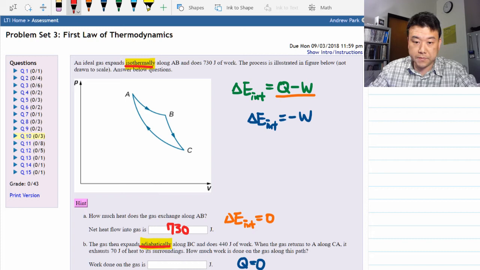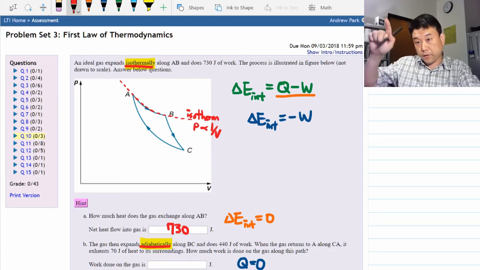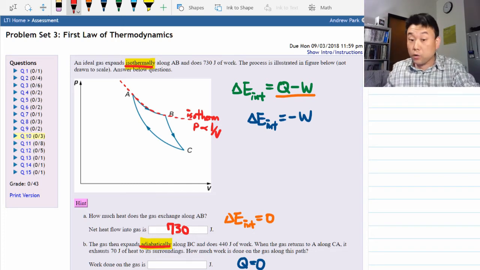Points A and B are on what we call an isotherm. It looks like a 1 over x curve. And along this isotherm, the internal energy is constant. That's why we call it an isotherm. Now, point C is on a different isotherm.